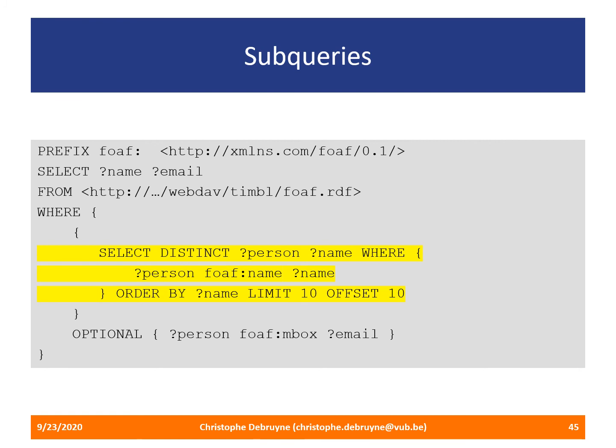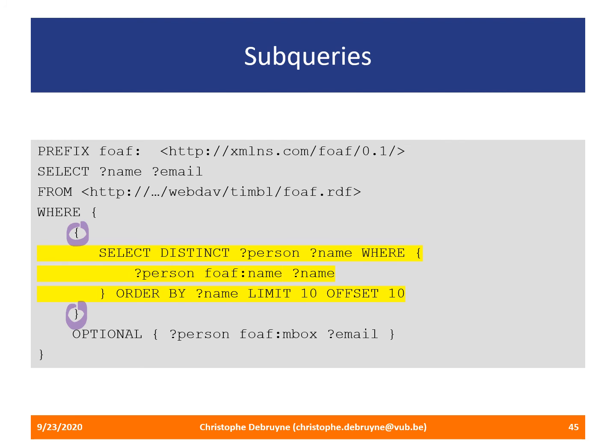Inside our where clause, we will create a subquery which has to start with an open curly brace and a closed curly brace. And inside those curly braces, we create a new select clause, a new where body, and all the query modifiers and whatnot.